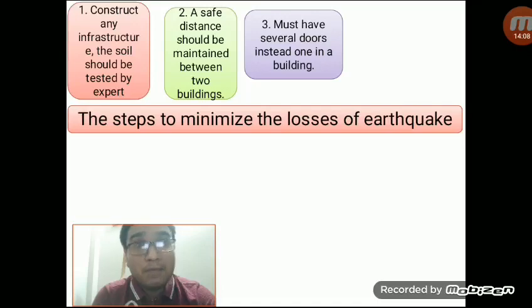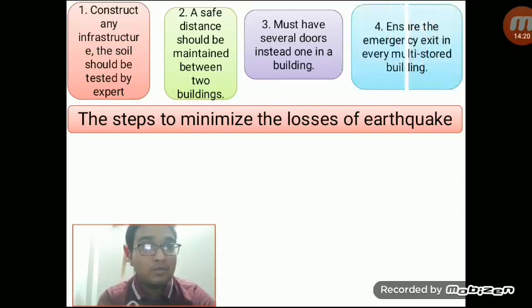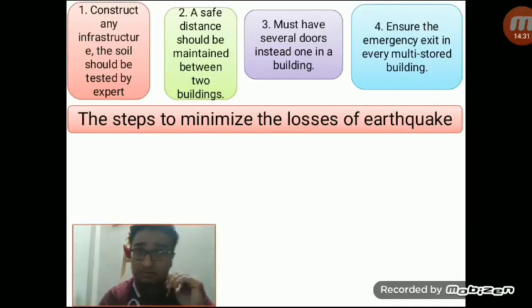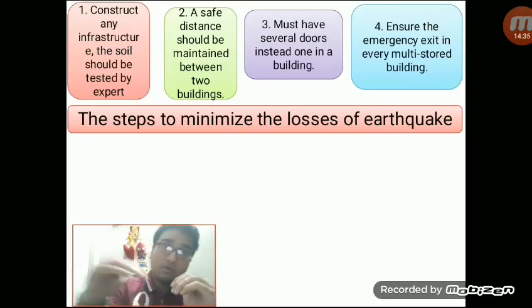Then there must be several doors in a building. So we should try to keep more doors in our building. Number 4, ensure an emergency exit in every multi-story building. So we should keep an emergency exit so that in case of an earthquake we can exit from the building.